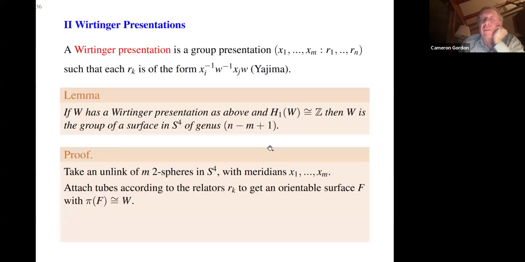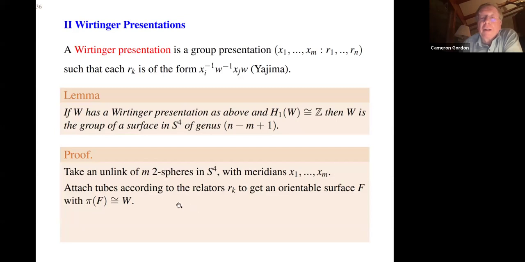You give orientations to the spheres so that these meridians have signs, and you do it in such a way that the orientation is preserved. Then this word W is the word in the x's that's represented by the core of the tube as you link around the spheres and so on.